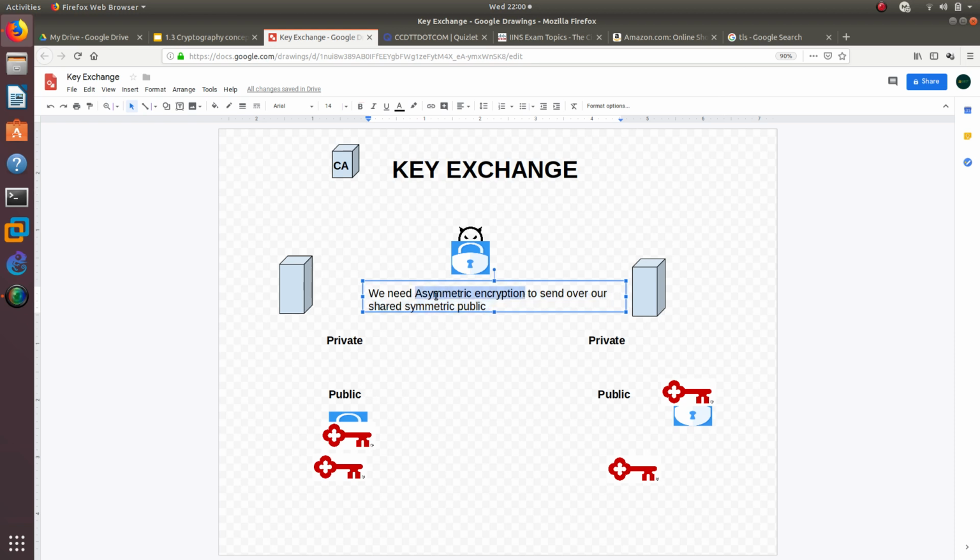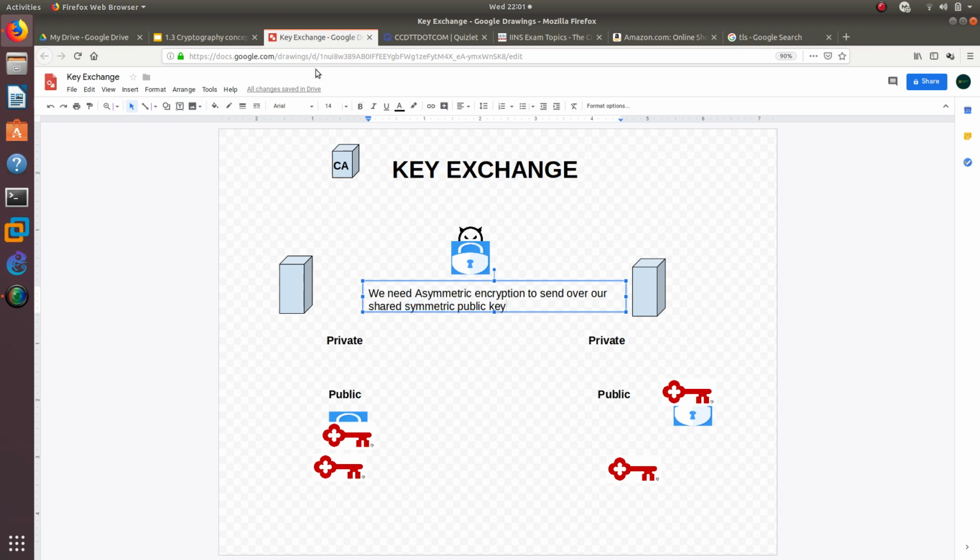So we first establish an asymmetric encryption, and then with that, we encrypt the shared symmetric public key with the asymmetric public key of this server, and then we send it over, and then he's going to be able to see it. Okay, and that's what I meant by that. So we need asymmetric encryption to send over our shared symmetric public key. So that's how TLS works for a website, because TLS works with symmetric encryption.